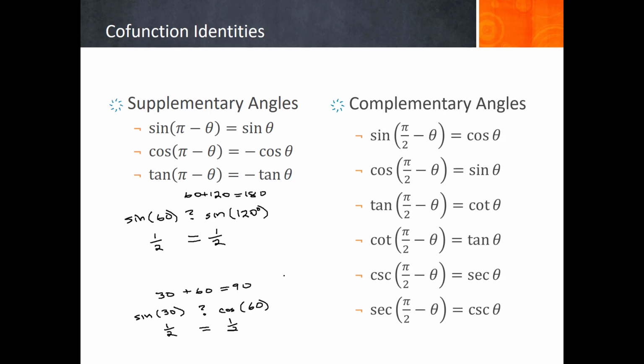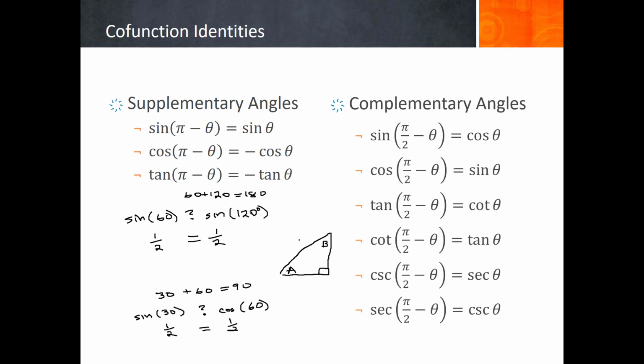Visually, what's happening here is, again, remember we defined our sine and cosine and tangent in terms of an acute right triangle. So say this was angle A, and angle B was the other acute angle.